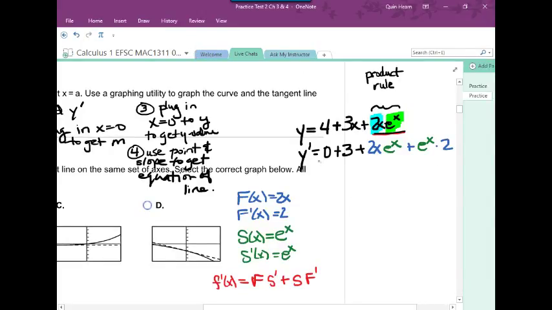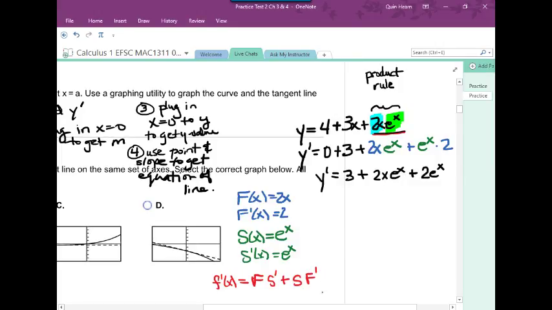So our y prime is this string of terms. Let's simplify it a little bit. y prime is equal to 3 plus 2x e to the x plus 2e to the x.